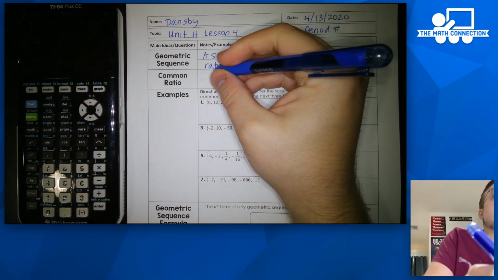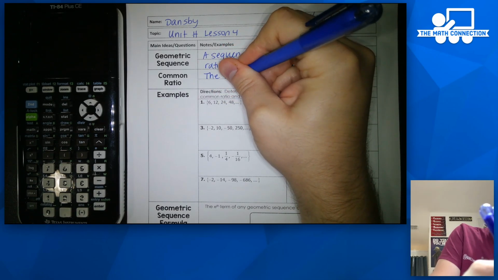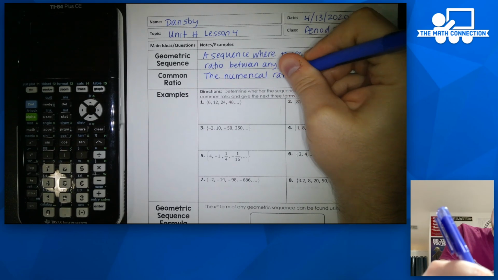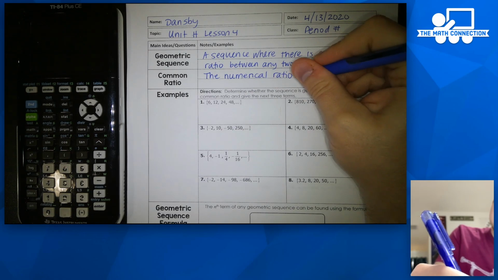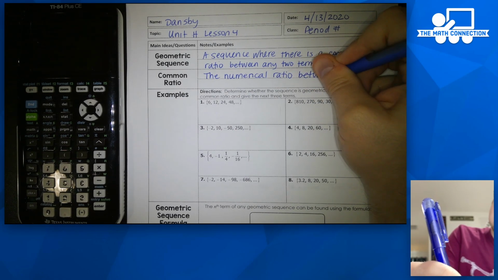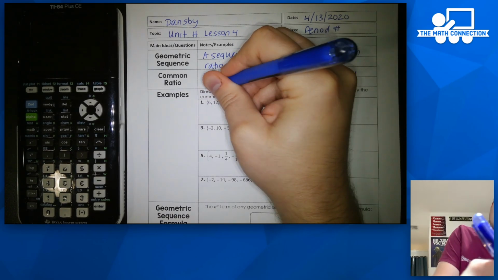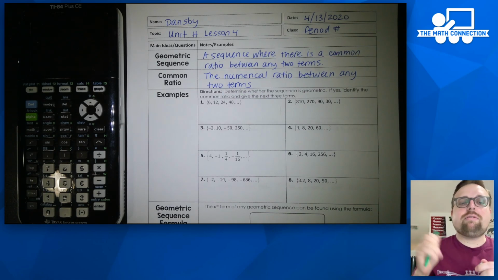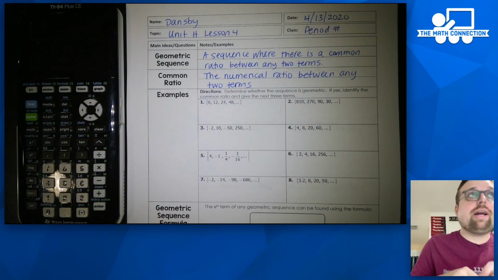So the common ratio is that numerical value, and that's the numerical ratio between any two terms. I'm going to switch colors here so we can emphasize this. Let's use orange, go Gators.